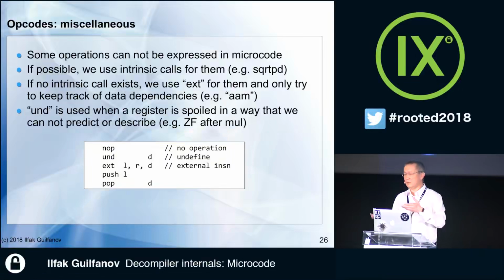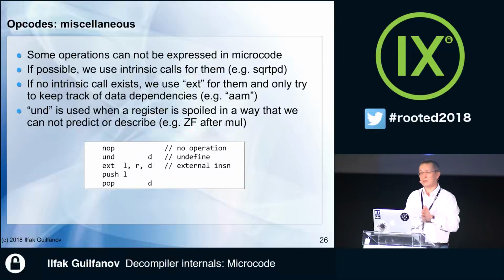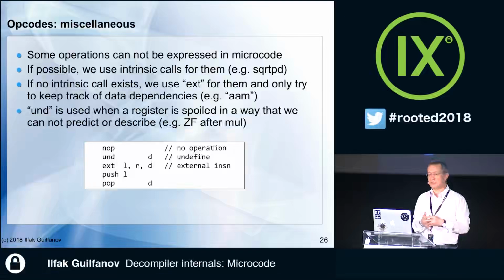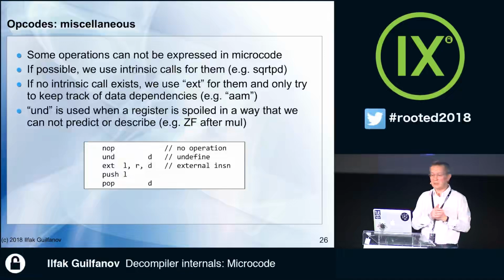There always will be something that cannot be represented in microcode. Take, for example, vector operations, the latest AVX instructions from Intel, and so on, or privileged instructions that are used only inside the operating system. These instructions cannot be represented in microcode, and for them, we just generate something called an external instruction.